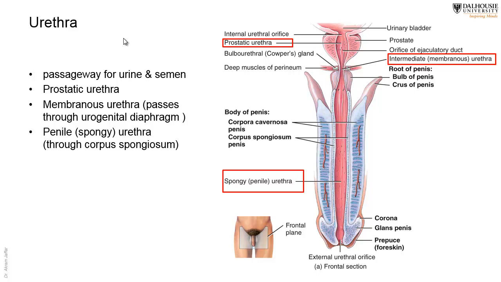And then it passes through the penis. It's called the penile urethra, or the spongy urethra, because it passes in part of the penis which is called the corpus spongiosum, the spongy body of the penis.